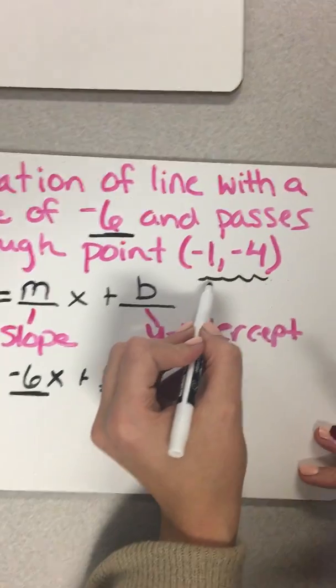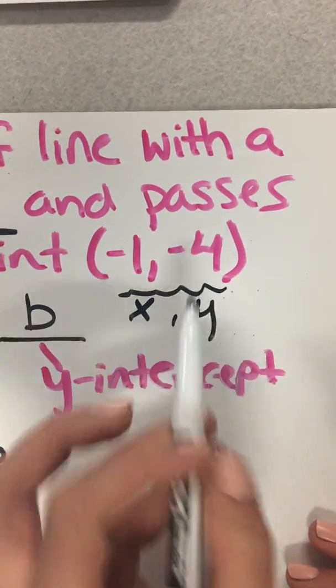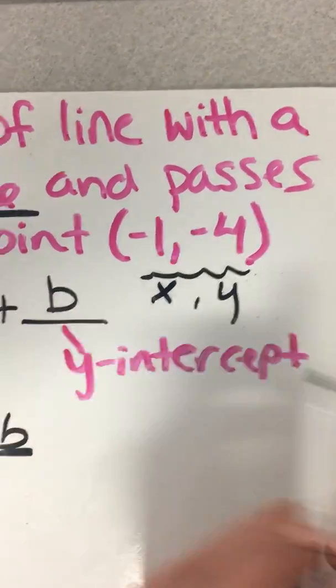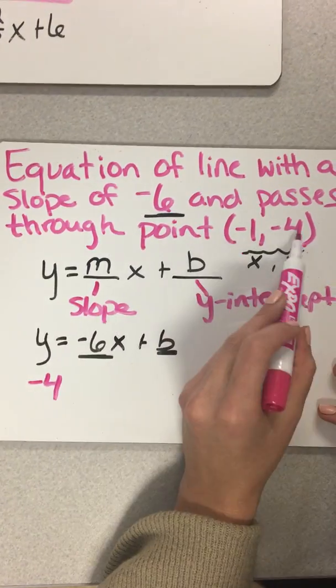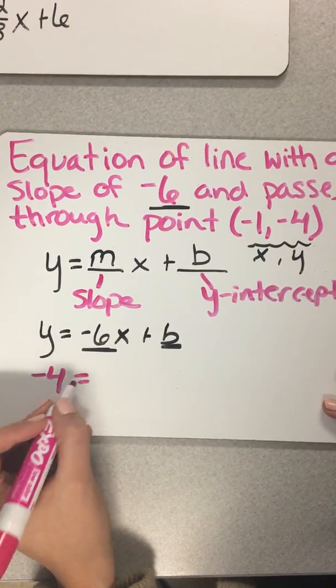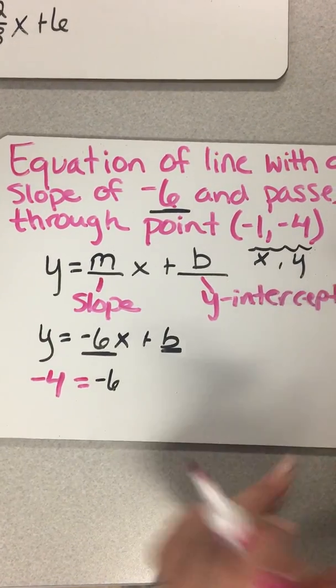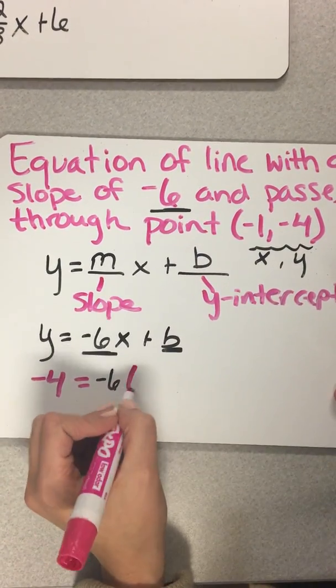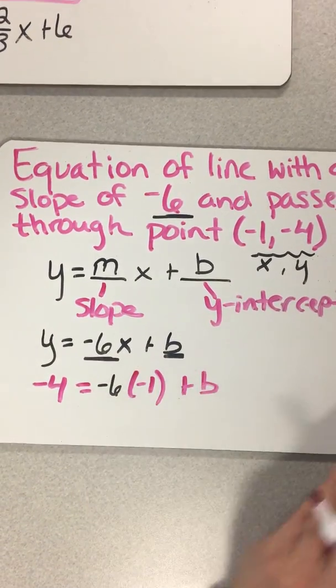So again, the first number is always our x value, and the second is always our y. So let's plug those in for x and y. In our equation, y is -4, and then equals, and then we still have this -6, and our x is now -1, and we're trying to find b, so we leave b at the end.